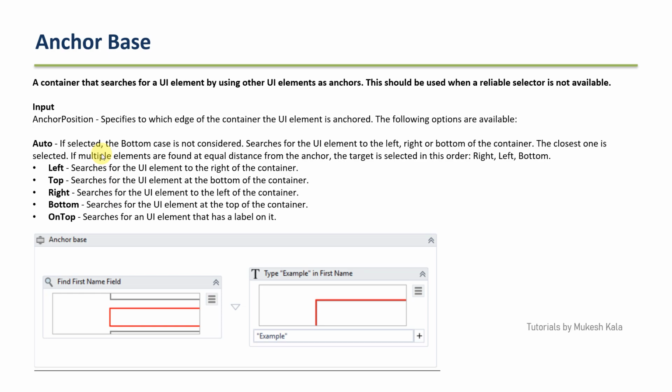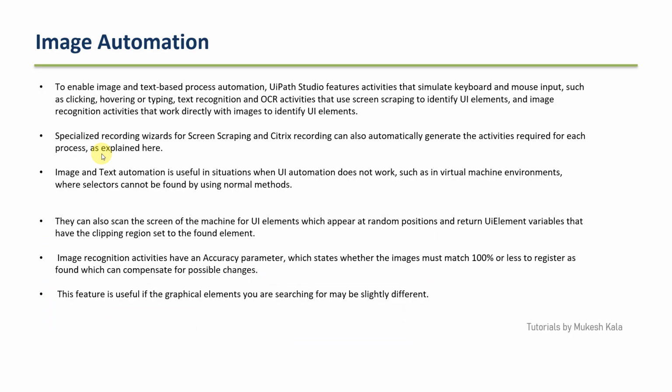So that is where we move to the next step, something called image automation. Image automation is a feature which allows you to extract the elements when the selectors are not available. We use this mostly for Citrix and screen scraping wherever the selectors are not working.